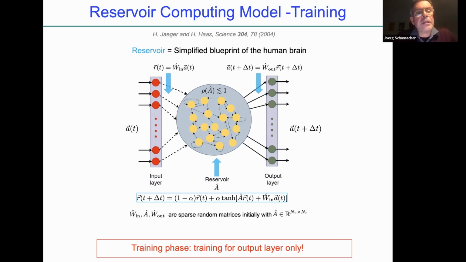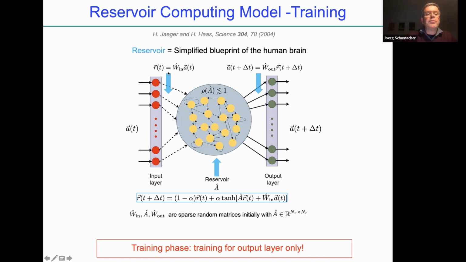What is a reservoir? A reservoir can be understood as a neuron network, a simplified blueprint of our human brain. It is modeled by a big random and sparse matrix A, the reservoir matrix. And in the reservoir computing model, there are two matrices which are set and remain fixed through the whole training and prediction procedure.